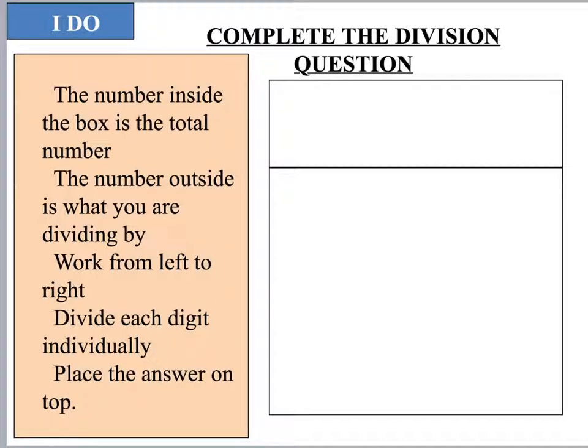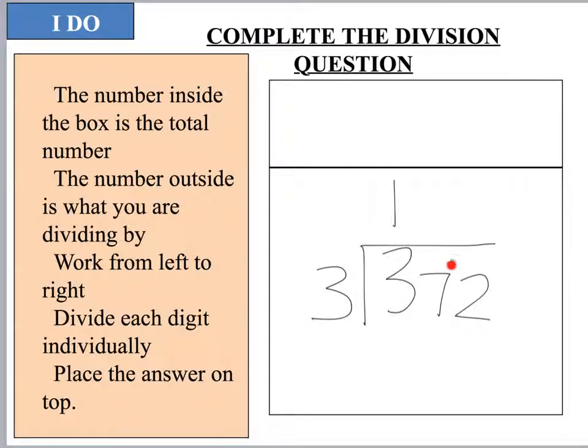Great, let's get started. The first question we are going to start with is 372 divided by 3. We do things as usual. To start with, I focus on the first digit on the left-hand side, my 3, and I divide it by 3. 3 divided by 3 is 1. My answer goes straight above. Now I move into the tens house and I focus on 7 divided by 3.